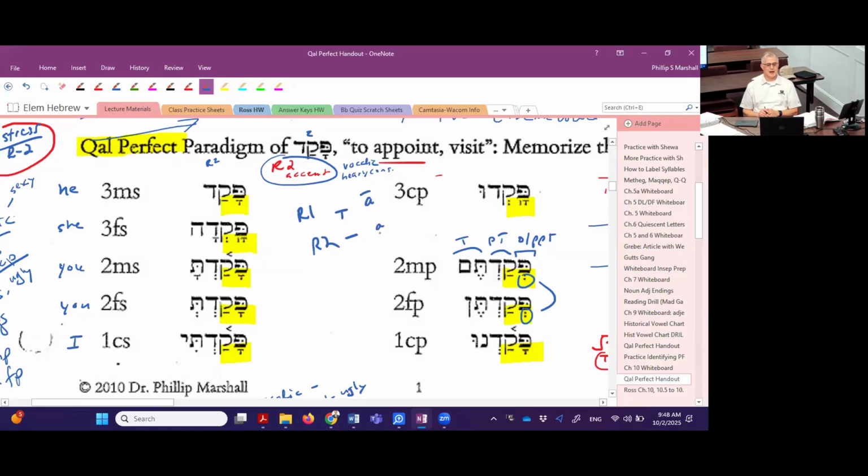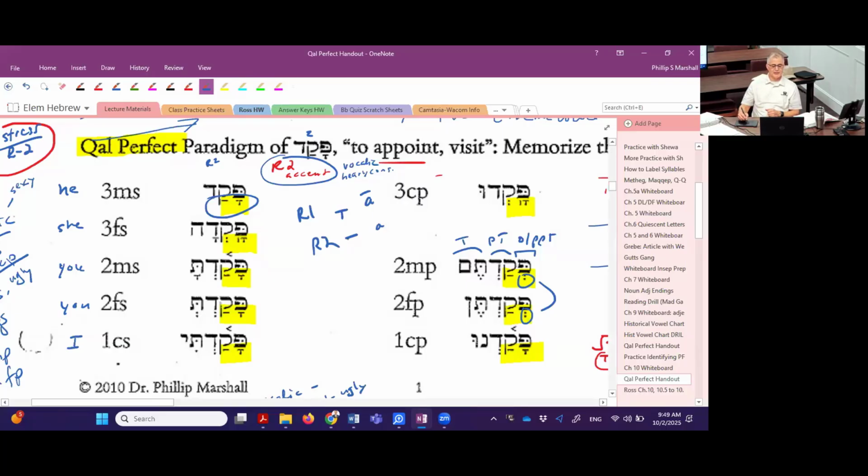Long A, short A. Pa, kad. So if you can remember the first form, pa, kad, then you've got the basic vowel that should be there all the way throughout. Now, again, by default, I want a patah with root 2. That's called the theme vowel. The theme vowel is the root 2 vowel, unless something makes that go away.